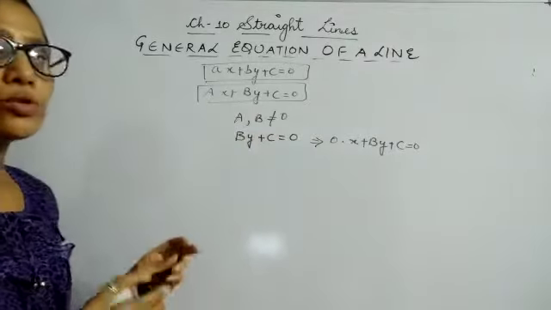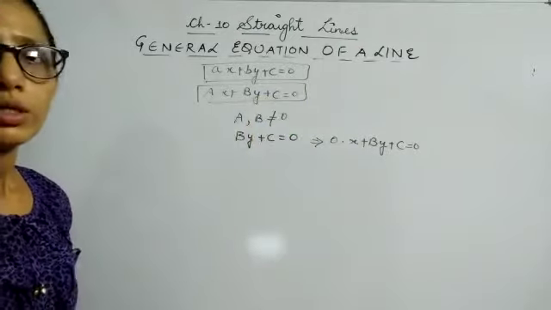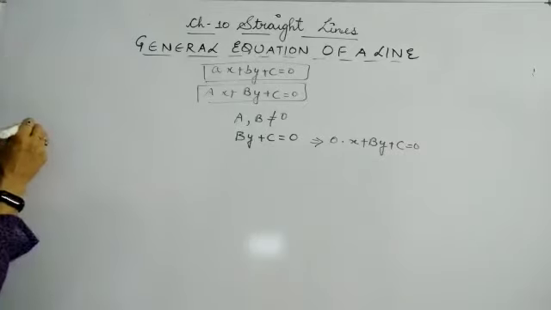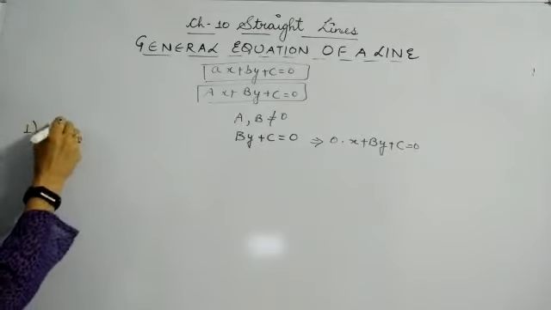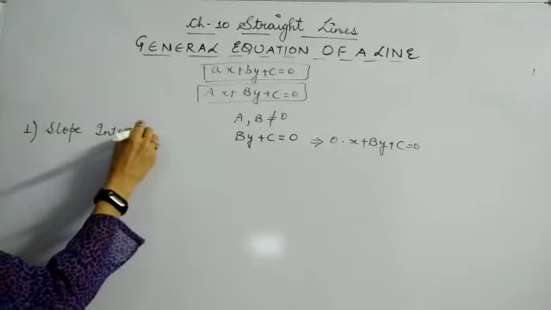Now children, this is your general equation of a line, which you have to remember in a straight line. First of all, we'll derive the formula for your slope intercept form.